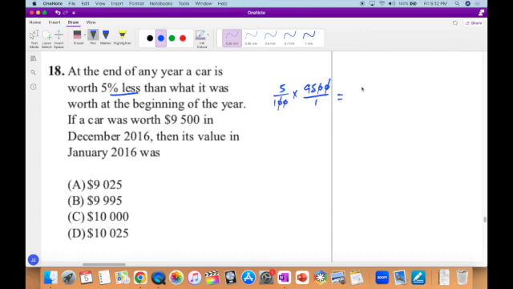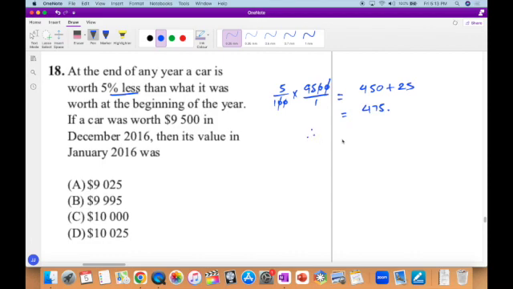So 5 nines are 45, because this will be 5 times 90, so that is 450, plus 5 fives are 25, so that will be 475. It will reduce.